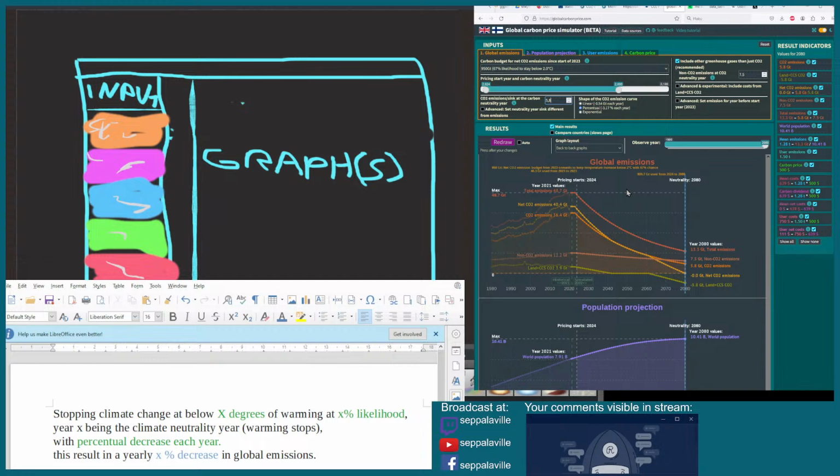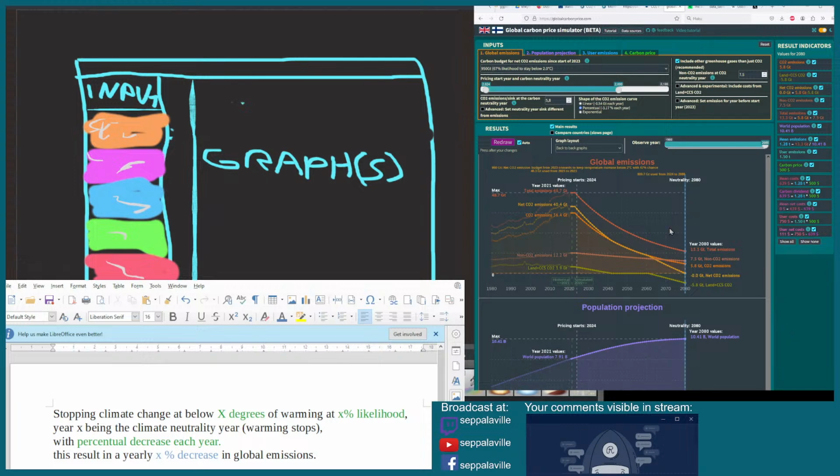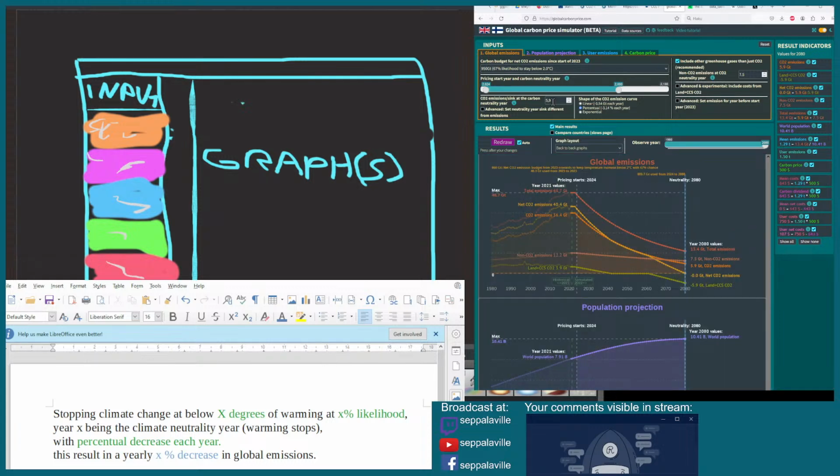So it would be easier if we could have this auto mode here. Let's put the auto mode on. Now if we change something here, it automatically starts to redraw the graphs, and let's see, okay, this took maybe 4 or 5 seconds.